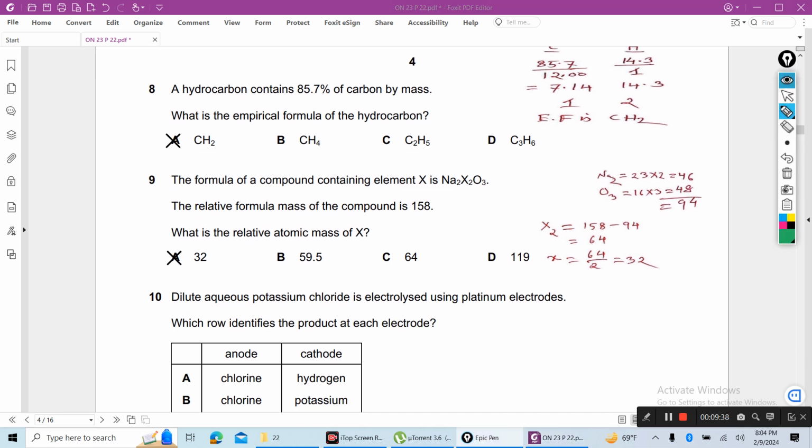Number 8. A hydrocarbon contains 85.7% of carbon by mass. What is the empirical formula of this hydrocarbon?